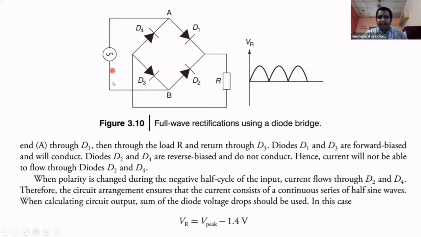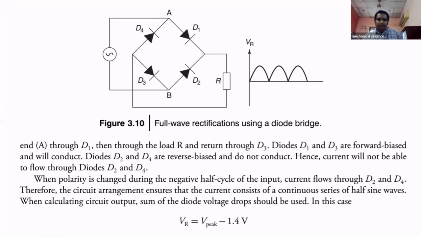Now in the second cycle, the current moves to B. Here D2 is forward biased, and the other is reverse biased, then the current goes through the resistor to this terminal and through D4 to A. Again the current is collected at the resistor in the same direction, because of the arrangement of diodes. In the second cycle also, the negative cycle is converted into a positive direction.